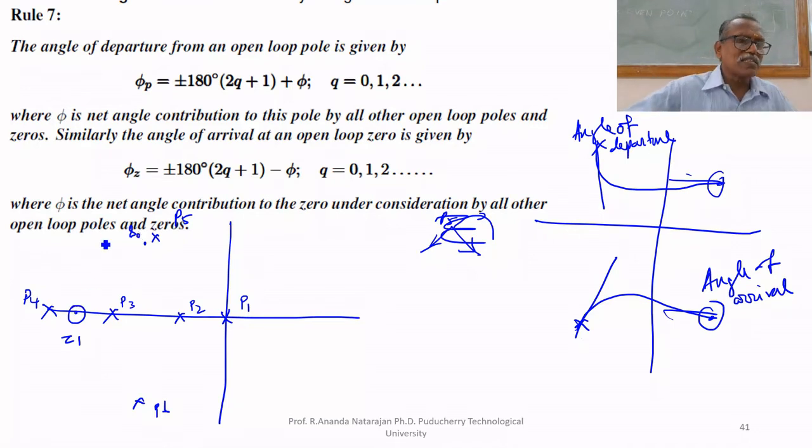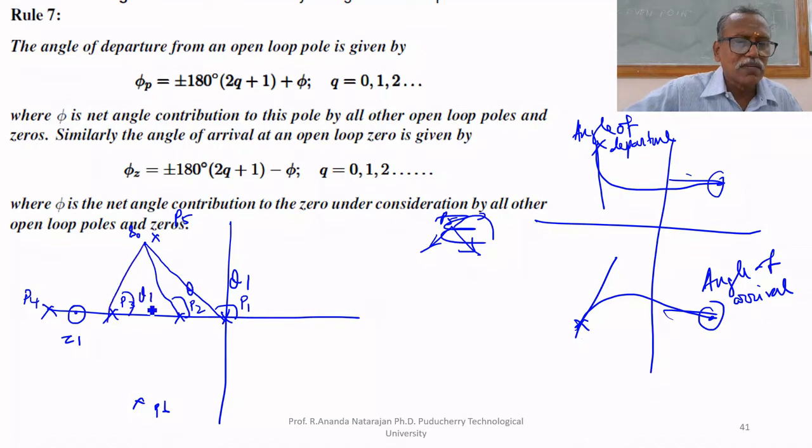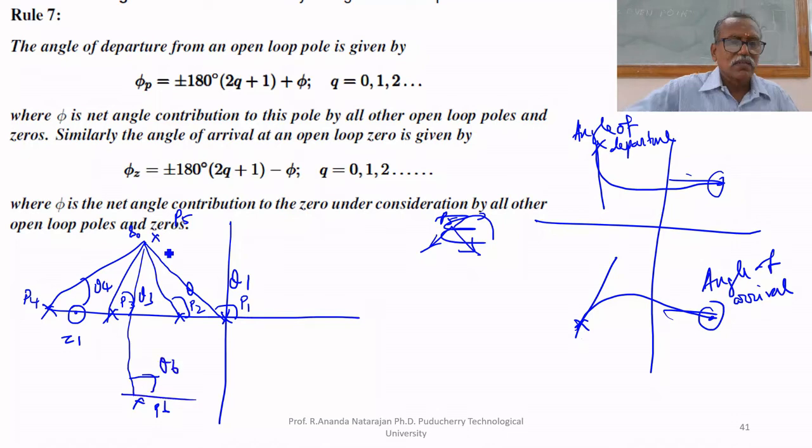So, since S0 is on the root locus, we find the angles with P1, theta 1; with P2, theta 2; with P3, theta 3; with P4, theta 4; with P6, theta 6. This angle is theta 5. The angle of departure from P5 is theta 5, which we have to find.